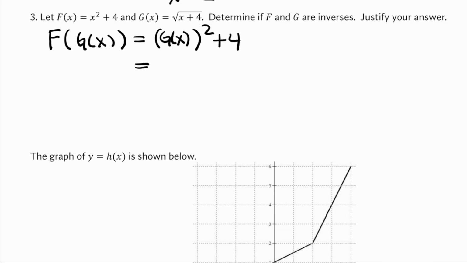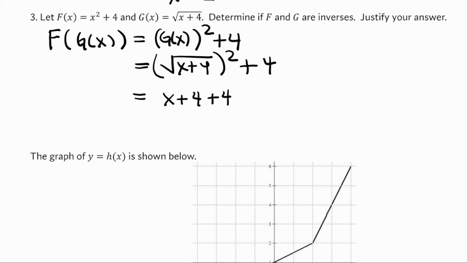And this would be square root of x plus 4 squared plus 4. And if I square the whole square root, I'm just going to get the thing on the inside, the radicand. So that's x plus 4 plus another 4. That's going to be equal to x plus 8, and that is not just x. Okay, so I'm going to conclude that f and g are not inverses.